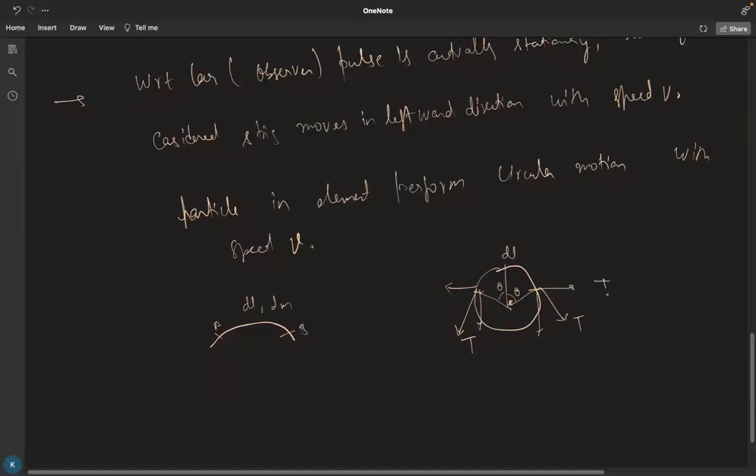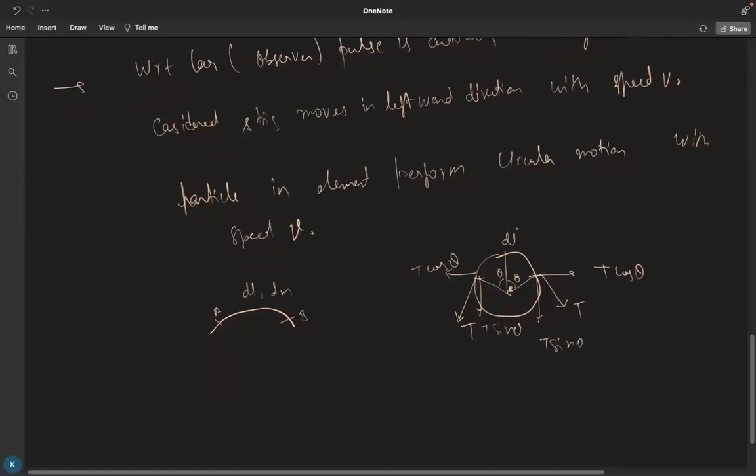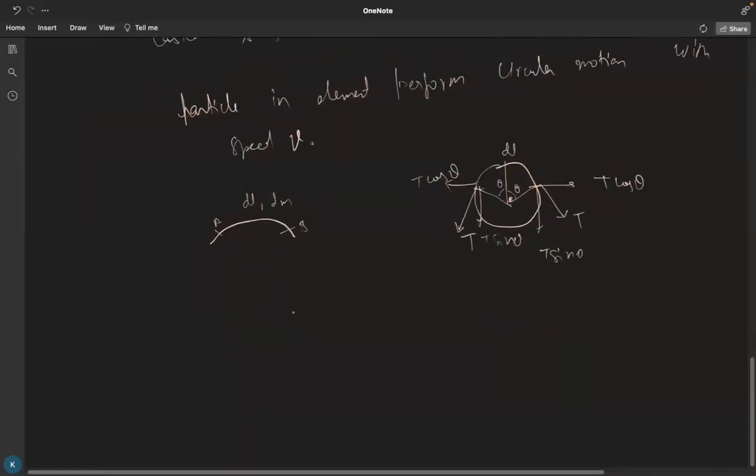We get T cos theta in the x direction and the minus x direction, and T sin theta in the negative y direction. So we get transverse components in the downward direction. And the longitudinal components get cancelled out because one is in the left and one in the right direction.